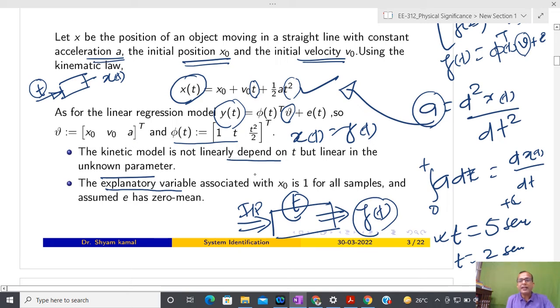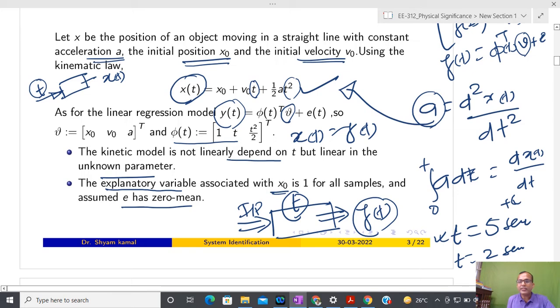I have already told you that corresponding to each variable there is a certain error associated. If I have a precise measurement of x0, then since I calculate based on time series data, in order to calculate a, t square, cube or something, there is always error, but for one there is no error. Due to that reason people assume that E has zero mean corresponding to x0.